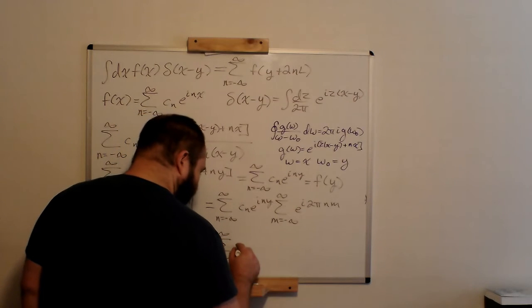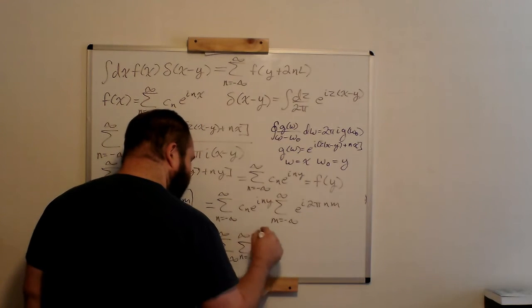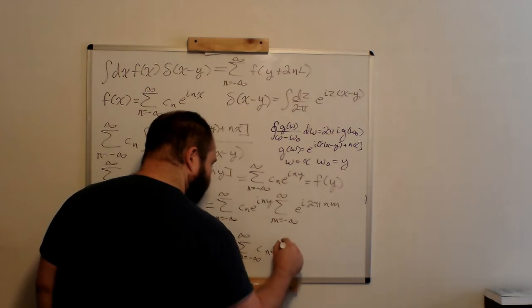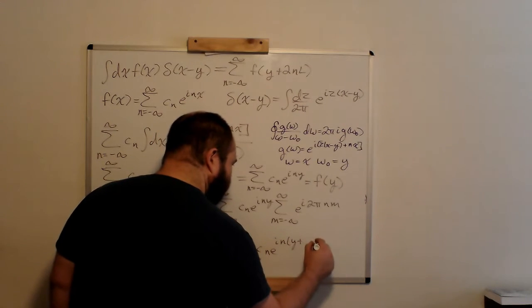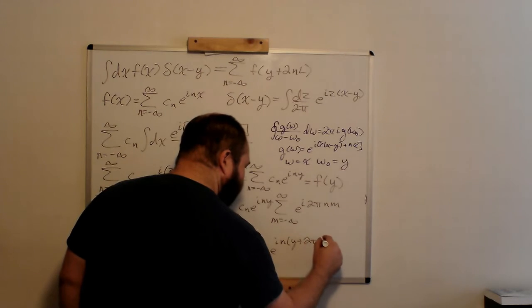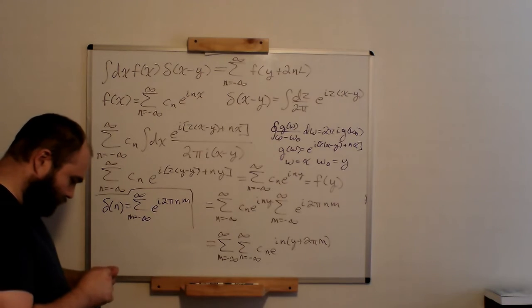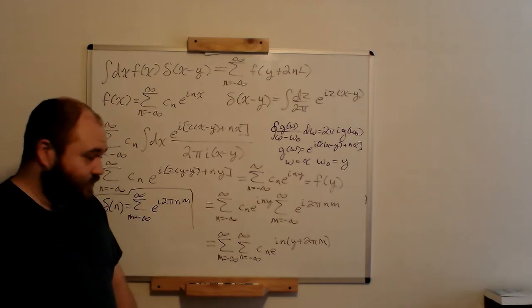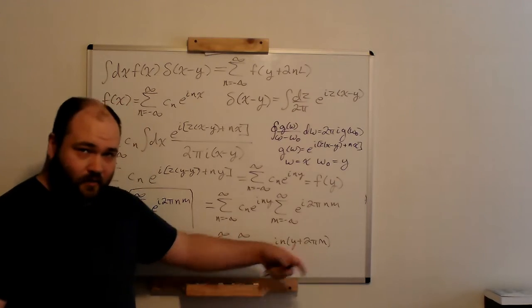And then from this point, we have this identity here. And this right here is just, by definition, going to be f of what's inside of the parentheses.